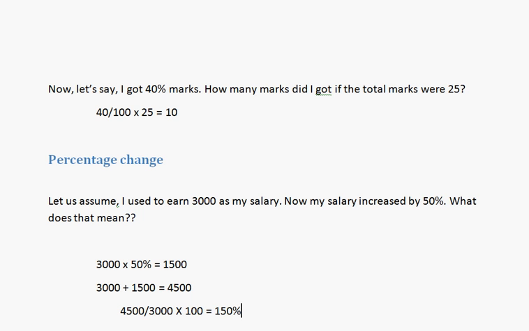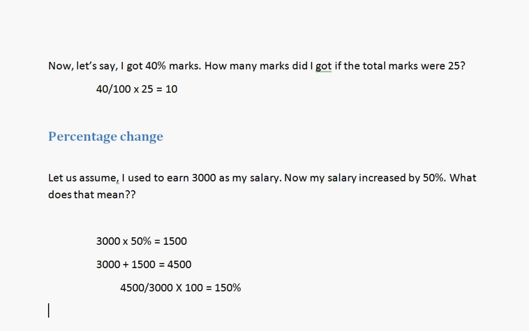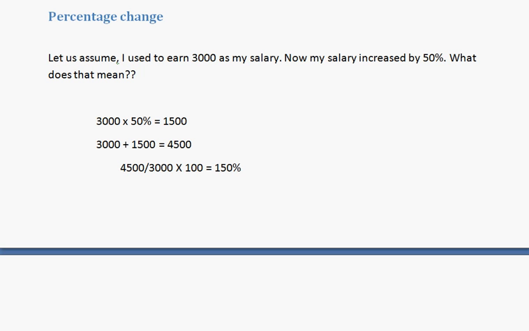So my new salary is 150% of my old salary. If the question has asked to find the new salary, we could have done it this way: the increase in the salary is 1500, then we could have added 3000 plus 1500 to get 4500. Or we could have done it in an easier way.